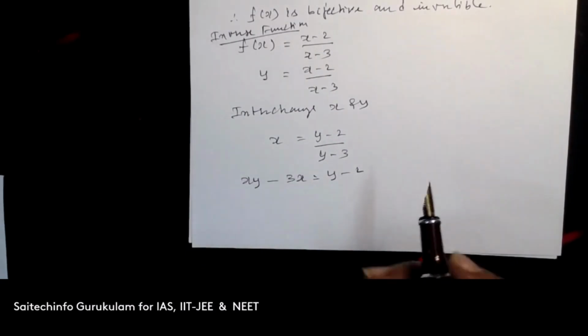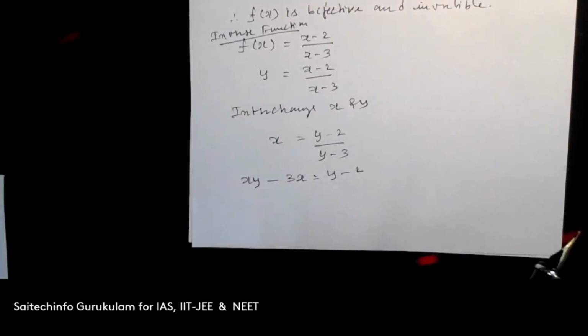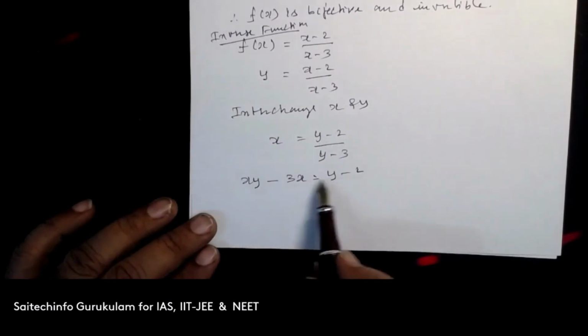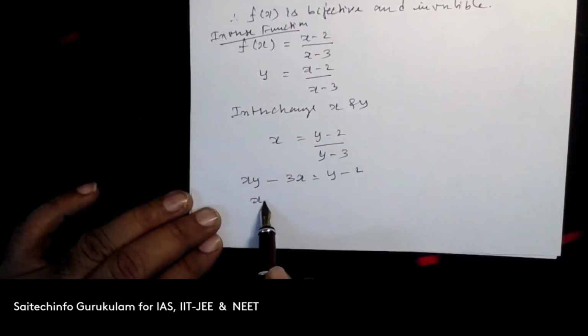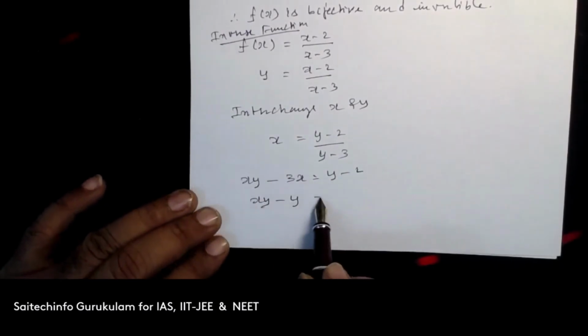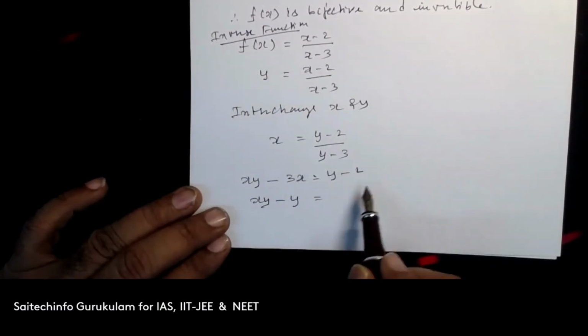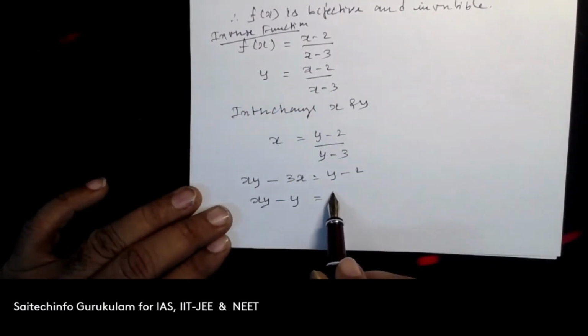So xy minus y, you can bring this y here. So xy minus y is equal to, put this 3x on the other side, 3x minus 2.